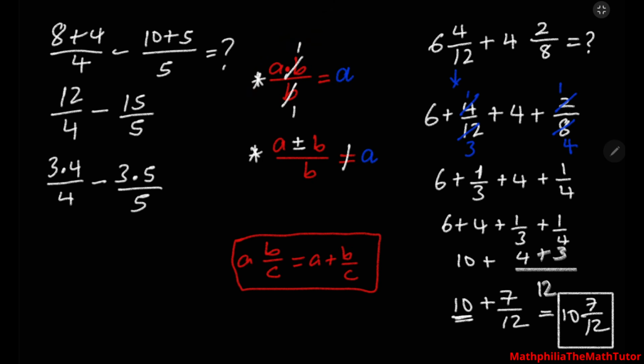Why? Because the operation in between them is a multiplication, okay? So from here, you can cancel 4 and 4, cancel 5 and 5. Then you are remaining with 3 minus 3, which is equal to 0. So this is the final answer to this question.